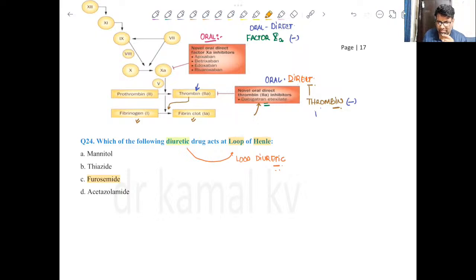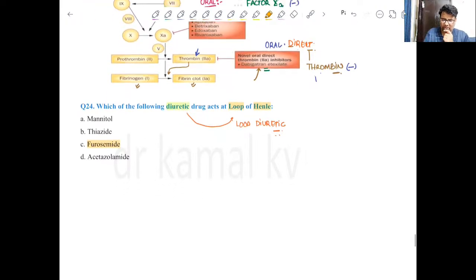So furosemide, loop diuretic. Yes, very good Siva, very good Varsha. And if we just take a look, now acetazolamide is a carbonic anhydrase inhibitor.